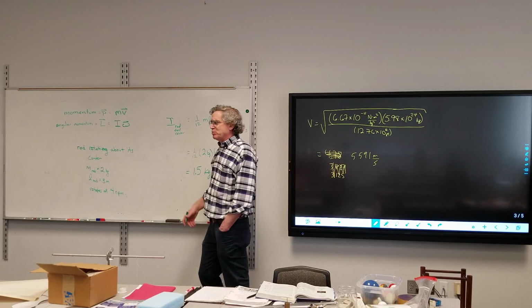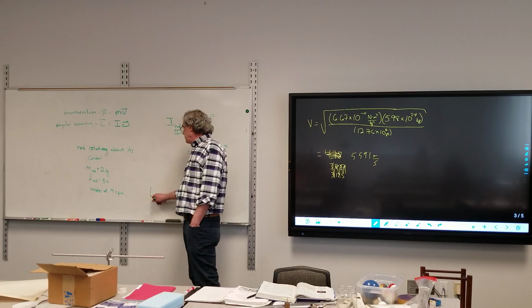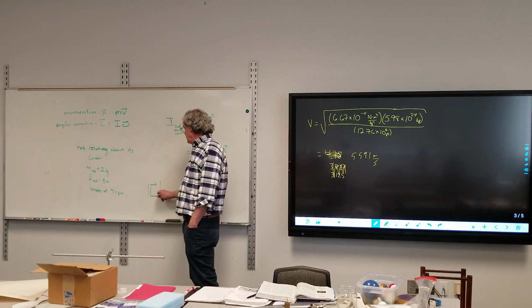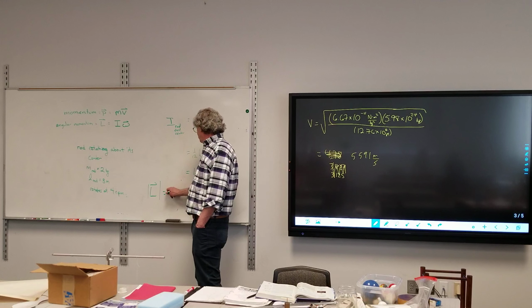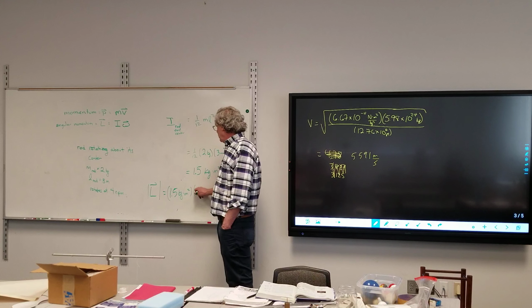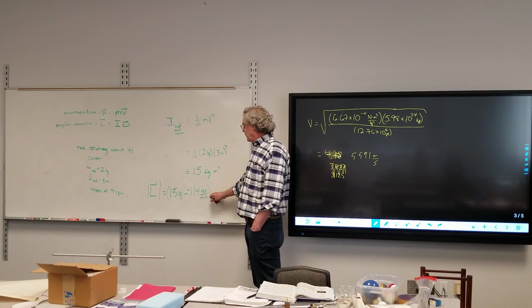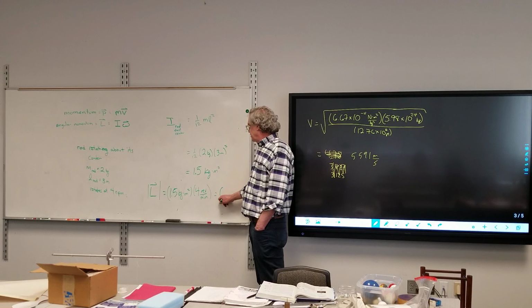I have revolutions per minute. We could stick that in there, and so the magnitude of my angular momentum would be 1.5 kilogram meters squared times 4 revolutions per minute. At least the math I can handle, that's 6.